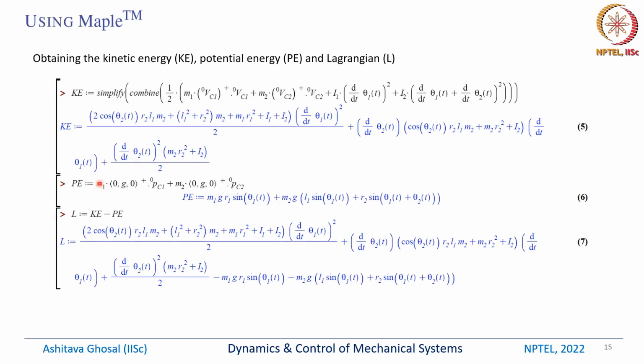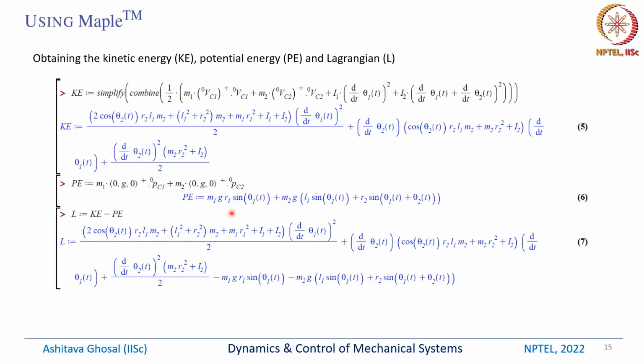The potential energy can also be obtained by m1 into g dot this position vector. Remember, that is the way we defined the position vector. It's like mgh. So instead of h, we have a dot product with g vector, which is along the y direction, into this.